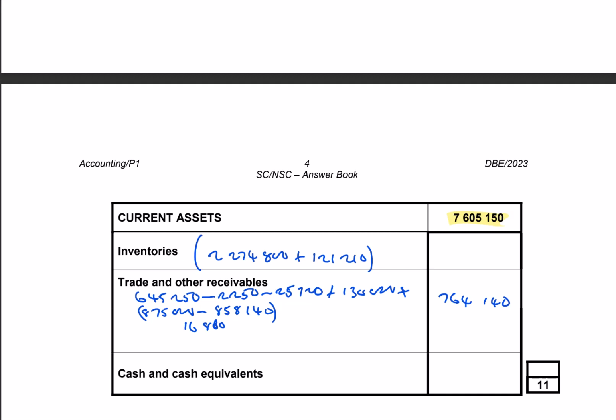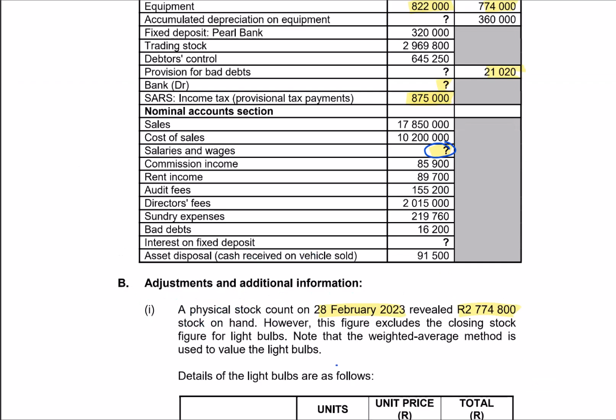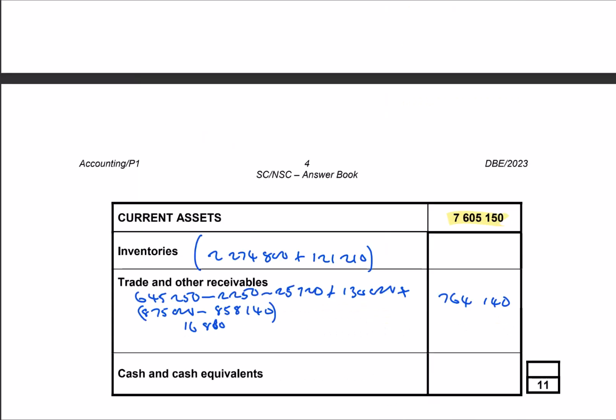Then let me just calculate the inventories. That's 2,274,800. Was it 274? 774. You see, that's 774. So $2,774,800 plus 121,210. That's 2,896,010.